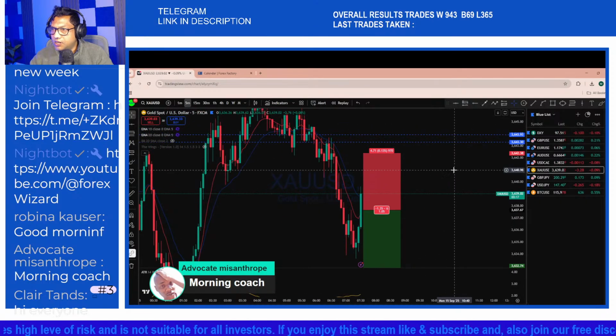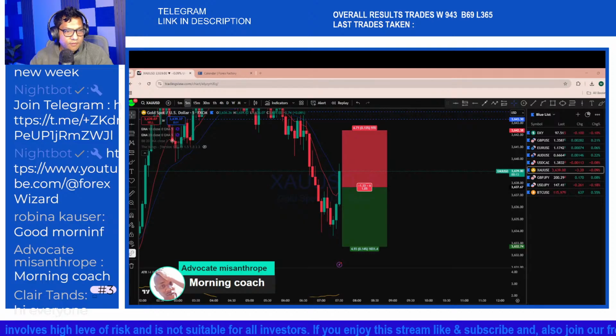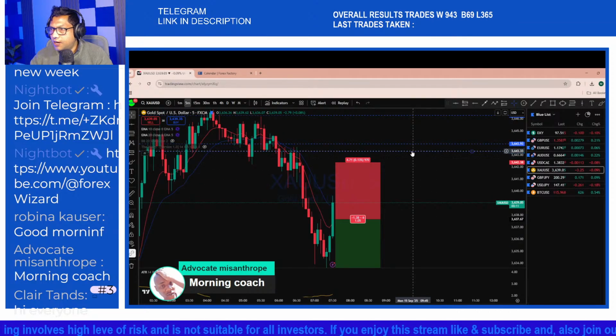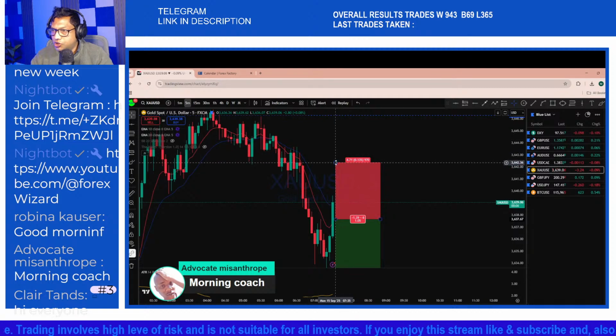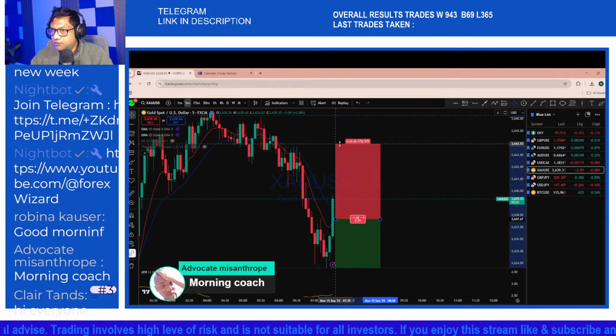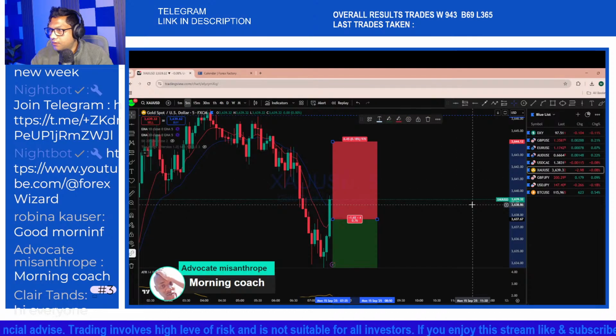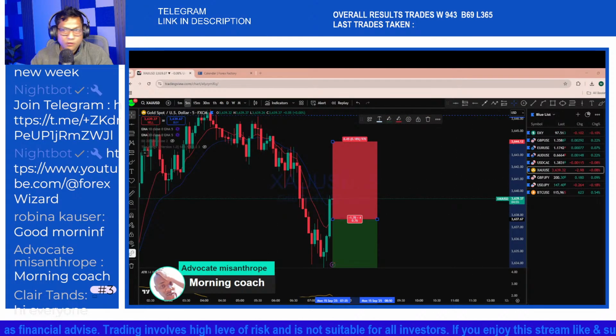So place a sell entry here in this area by market, and I'm placing the stop loss here, but we might be able to adjust the stop loss a little bit for a little wider space. And I'll be placing 3644.12 stop loss.